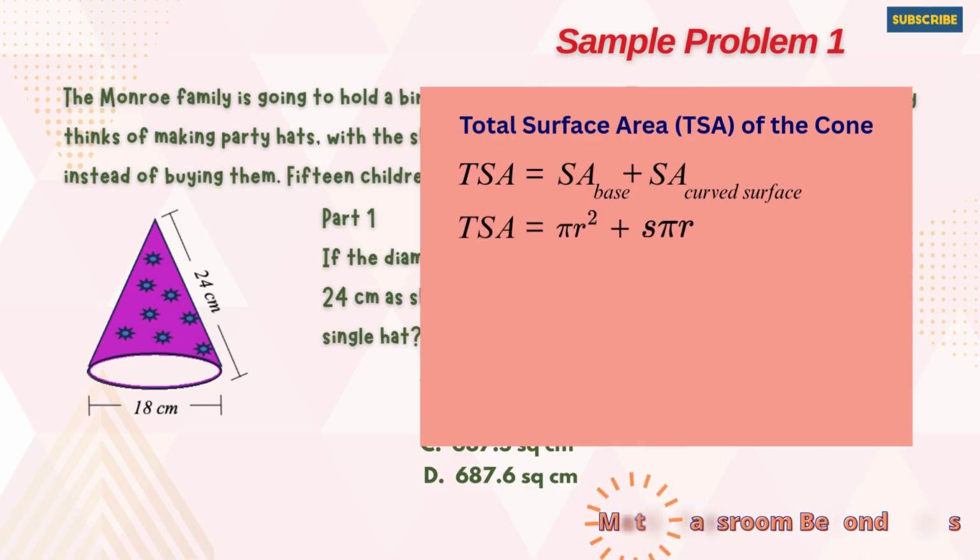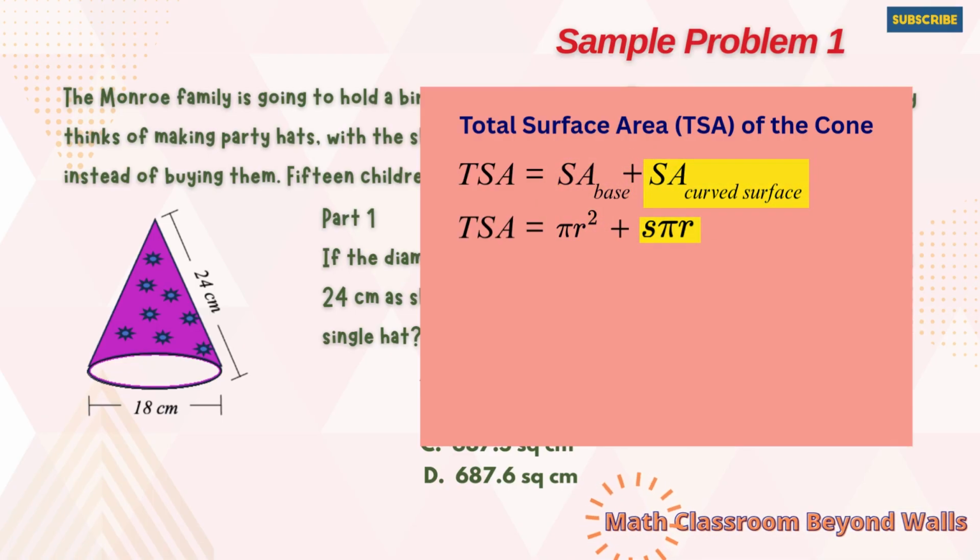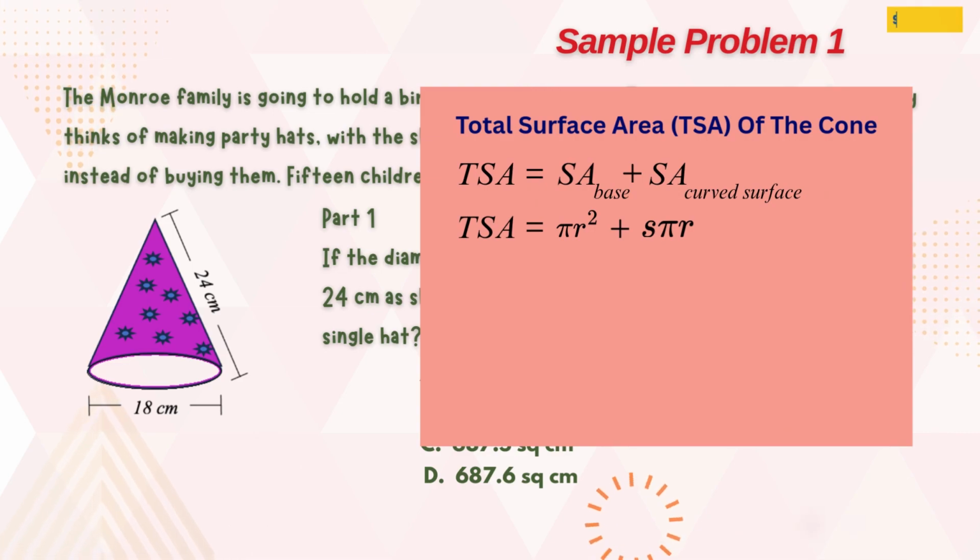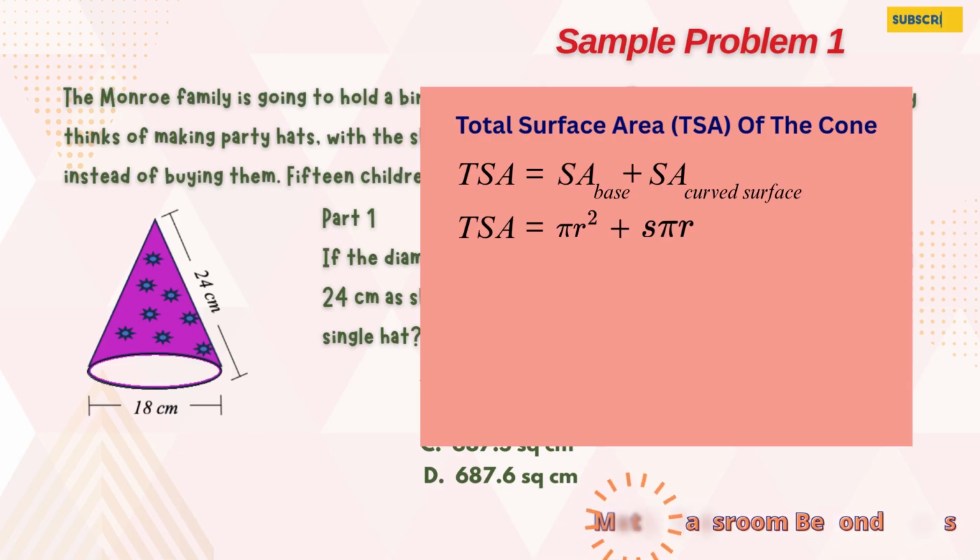Now take note that the formula consists of two parts, the surface area of the circular base and the surface area of the curved surface. Learners, what do we have in our hat? Do we have the base and the curved surface? Or the base only? Or just the curved surface?